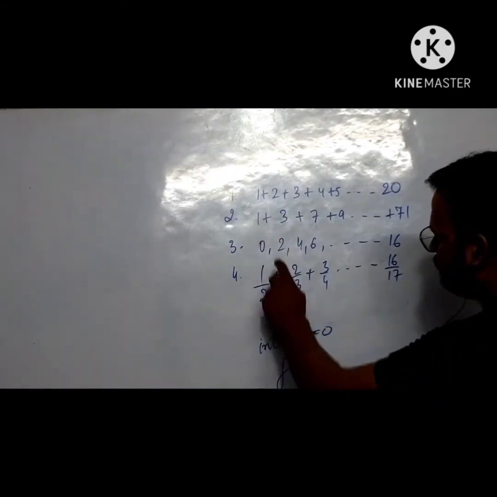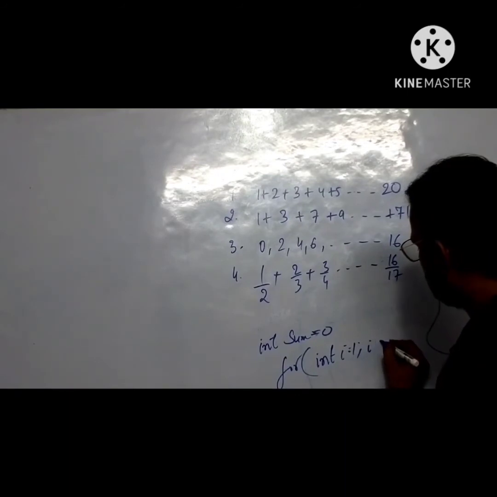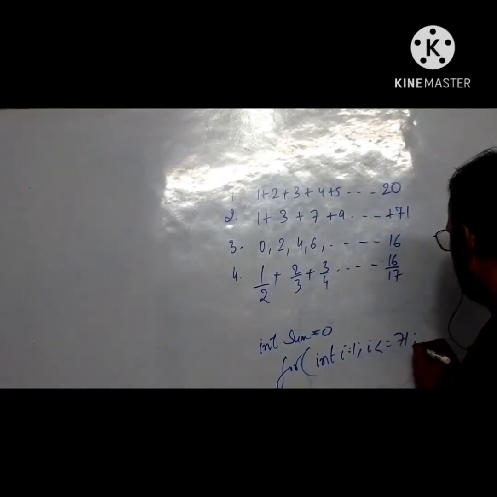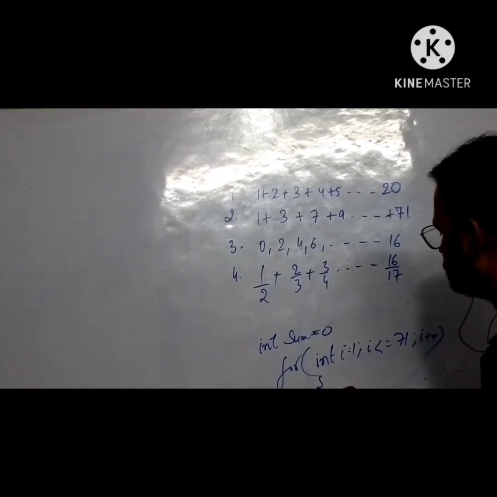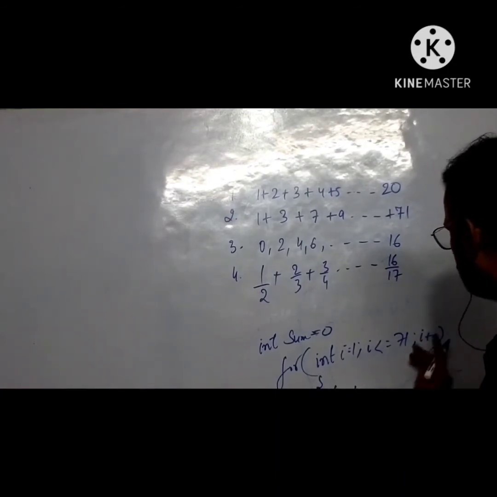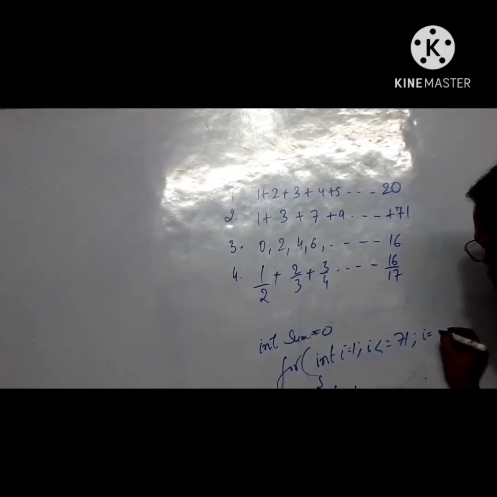From where to start? We have to start from 1: int i equal to 1. i is less than equal to 71. i plus plus, sorry, not i plus plus. It is an increment of 2. So i is equal to i plus 2.